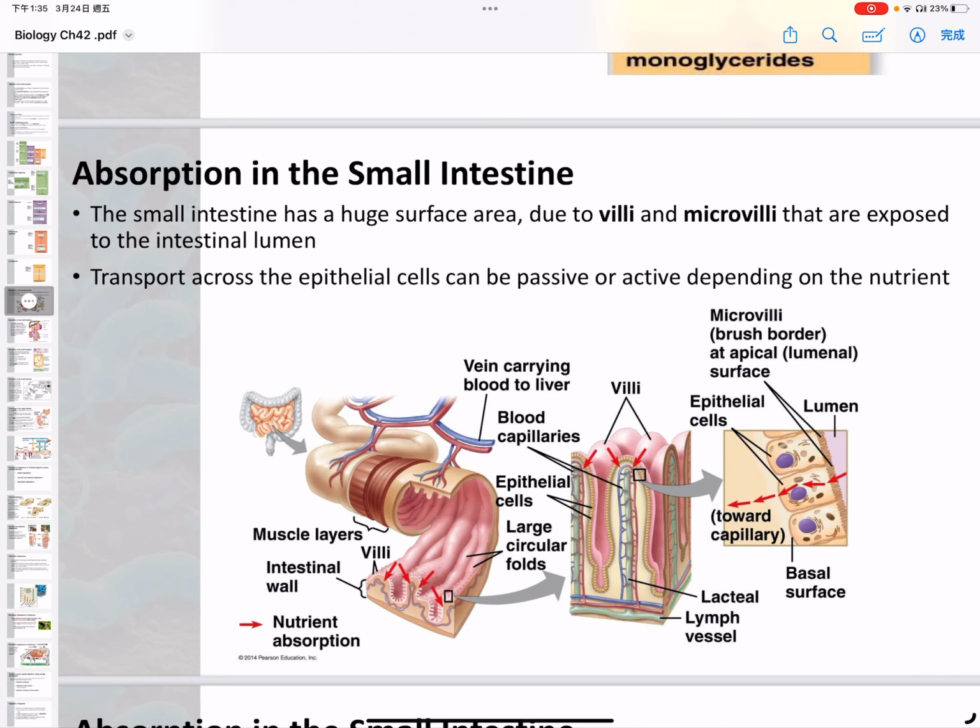But for other substances like amino acids or vitamins, they are pumped into the epithelial cells against their concentration gradient.